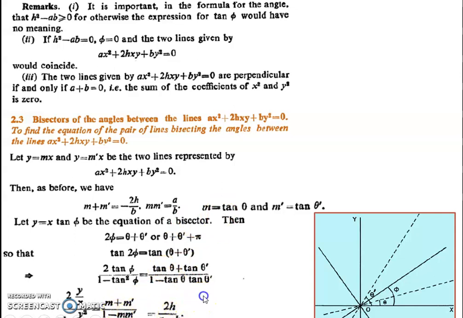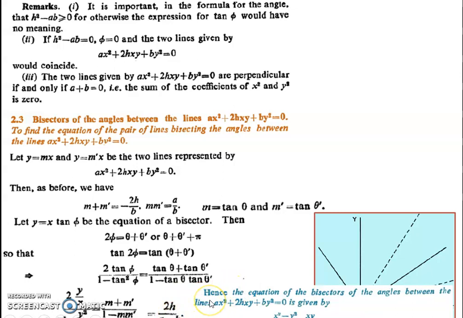So 2h over a minus b, and hence we got the equation of the bisector: x square minus y square over a minus b is equal to xy over h. So student, be very careful, note this very carefully. This is x square minus y square over a minus b equal to xy over h.